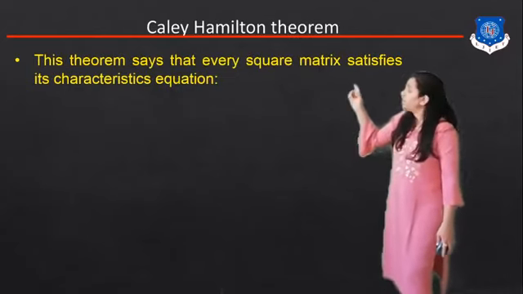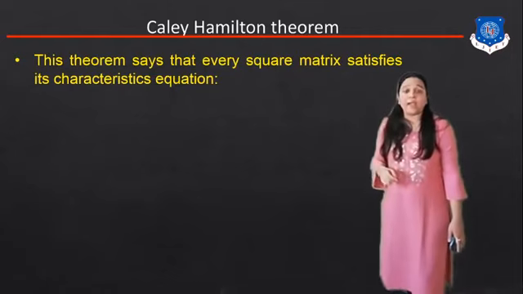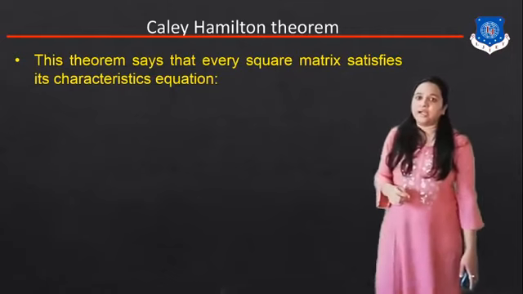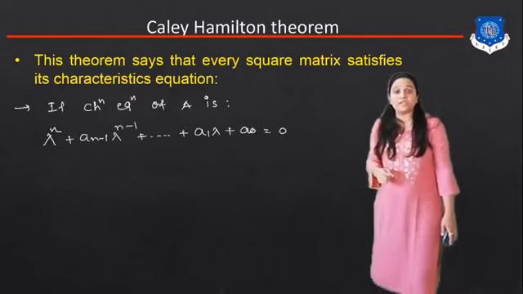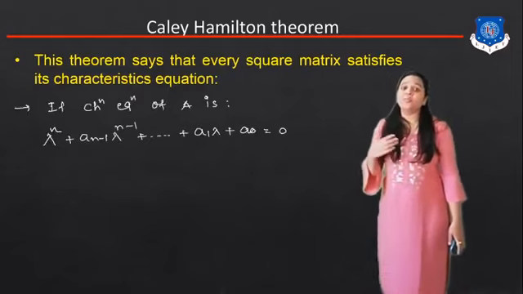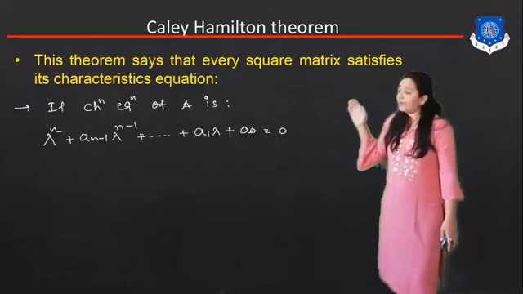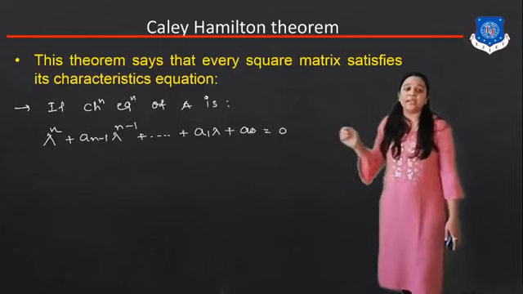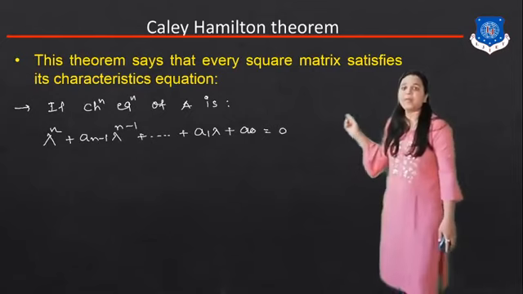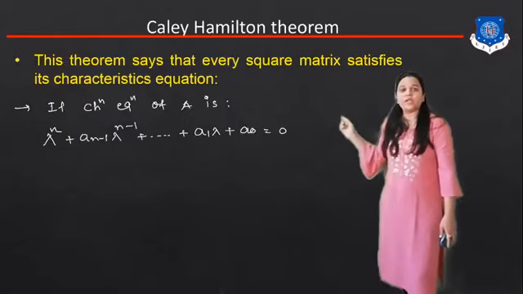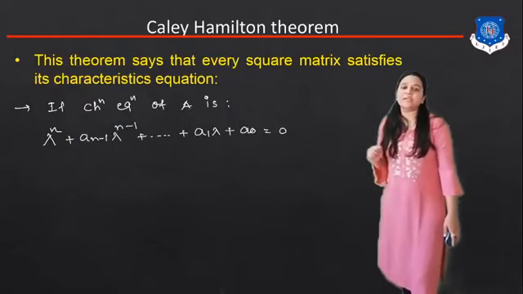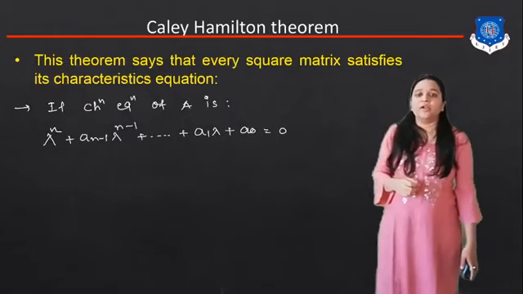This theorem says that every square matrix satisfies its characteristic equation. So what is the characteristic equation of a square matrix? The characteristic equation of A is lambda to the n plus a(n-1) lambda raised to n minus 1, plus up to a1 lambda plus a0, equal to 0.